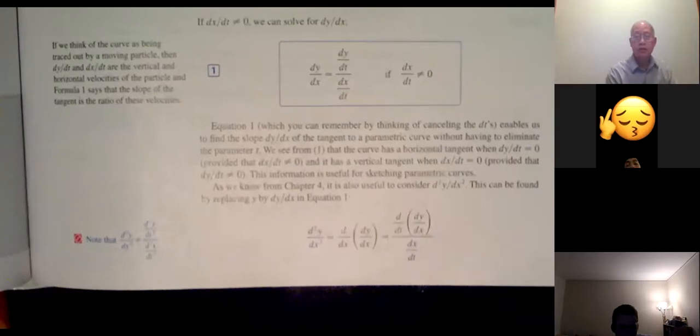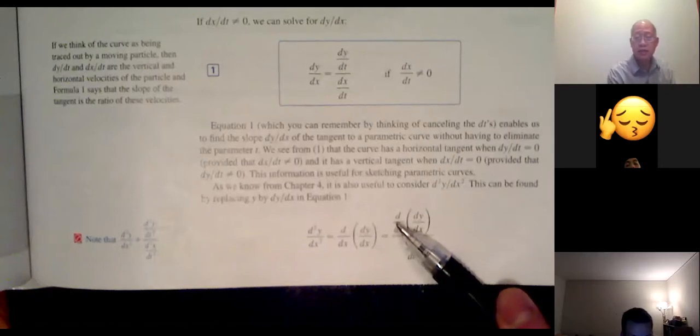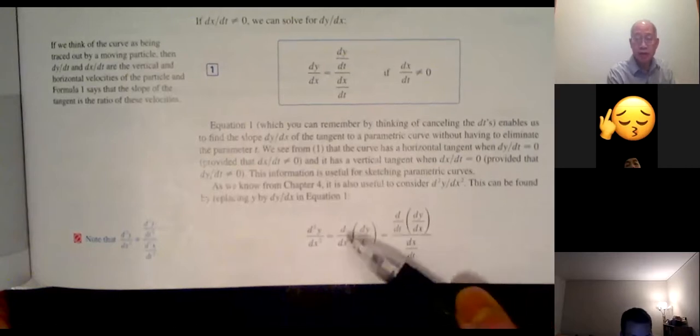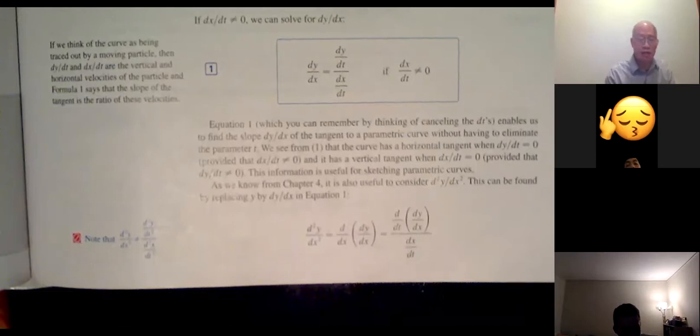Now the justification I can give you is, you have d of dy/dx on top and dx on the bottom. Now, quote unquote, divide top and bottom again by dt.